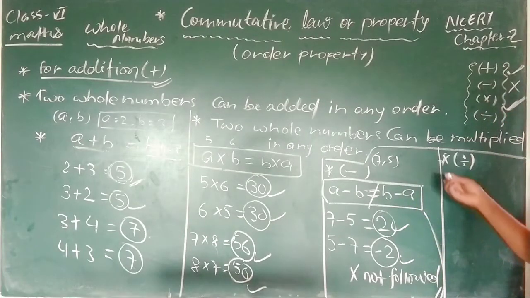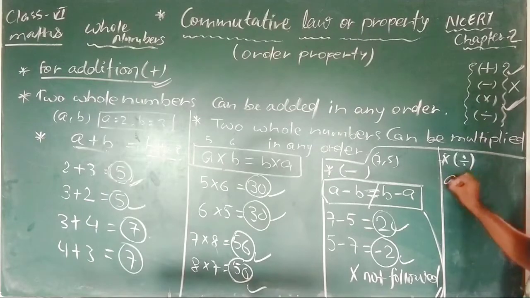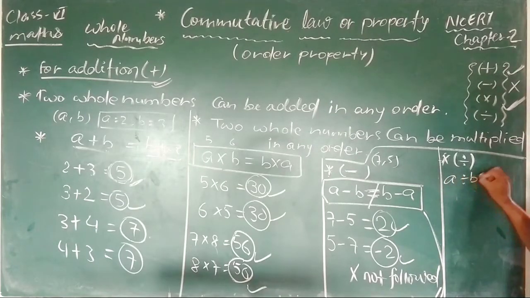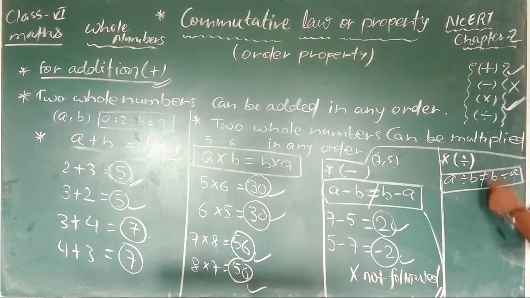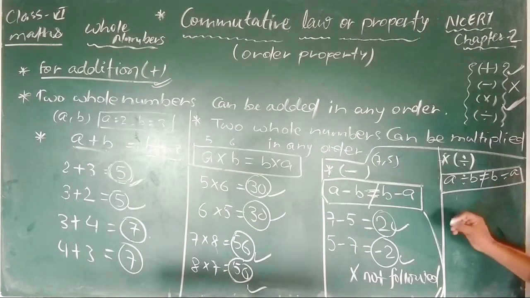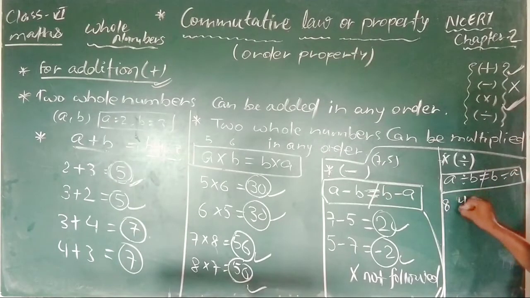Any two whole numbers, say A and B: A divided by B is not equal to B divided by A. It does not follow, so I have crossed it. Don't be confused, this is not equal. Now take 8 and 4. You divide 8 by 4, the answer will come 2.